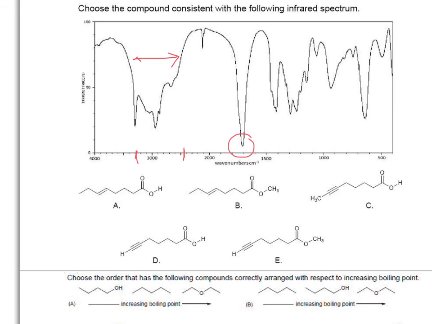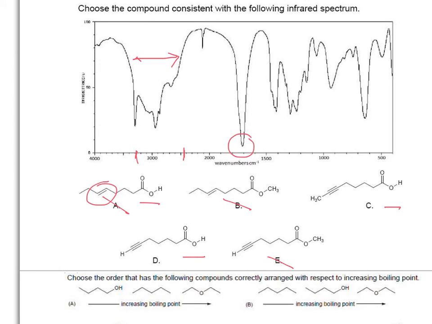So that's indicative of carboxylic acid. So carboxylic acid is present in A, C, and D. So B and E we can get rid of. We do not have anything at 1600, and we do expect, if A were the structure, a 1600 double bond, and so you can remove that one as well.